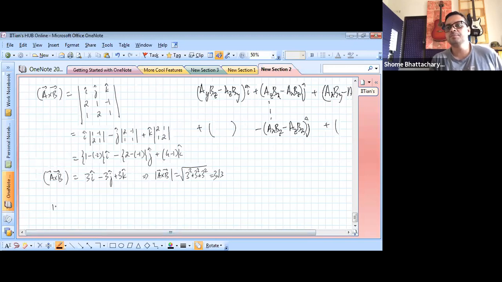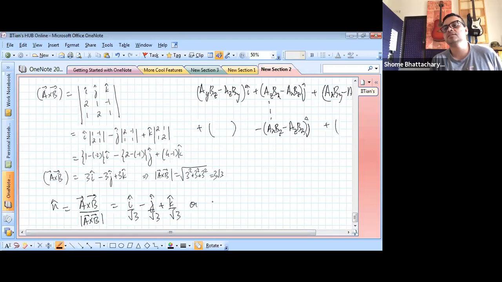So now n cap will become A cross B divided by magnitude of A cross B. So you can see it will become i cap by root 3 minus j cap by root 3 plus k cap by root 3.